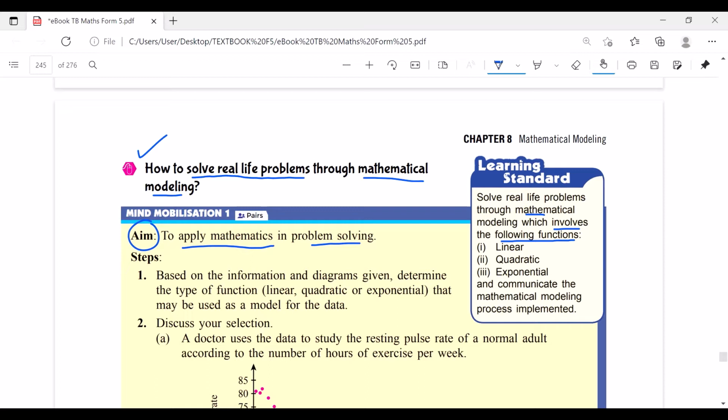When you do the research and you get your data, most of your data will be presented in a graph form, in a function, and it can be in linear form, in quadratic, or exponential.